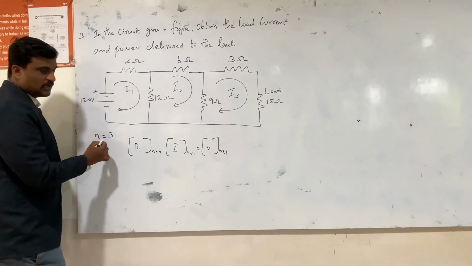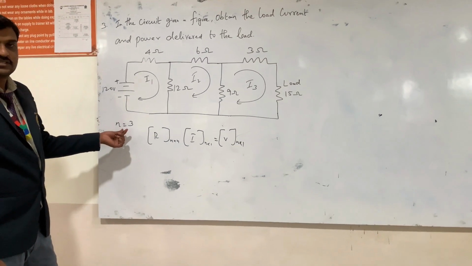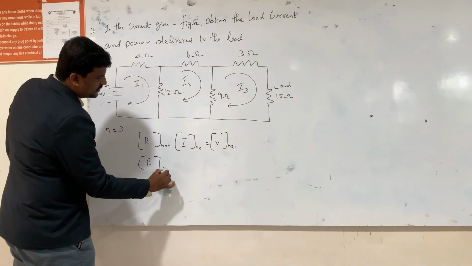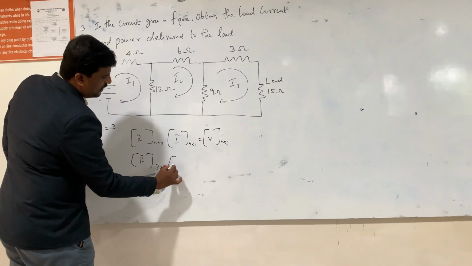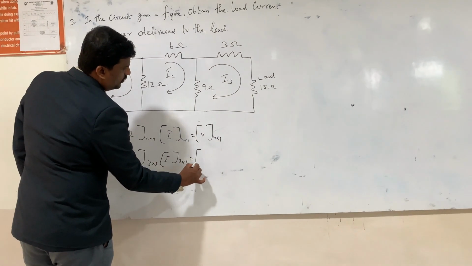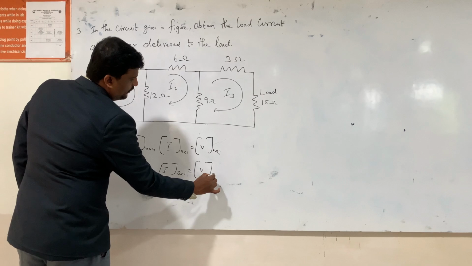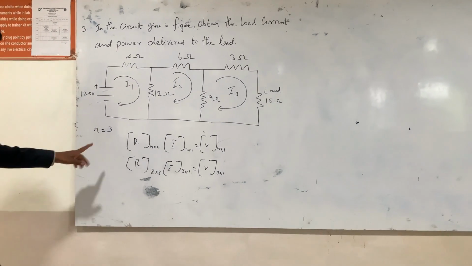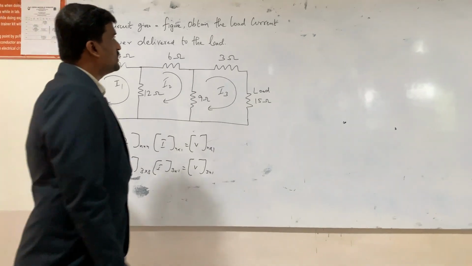We know the value for n, which is 3. So R of 3 cross 3, and I of 3 cross 1, which is equal to V of 3 cross 1. So we find the R matrix first.